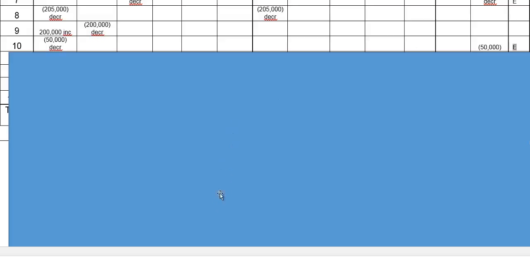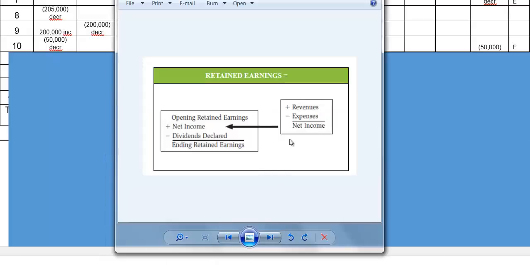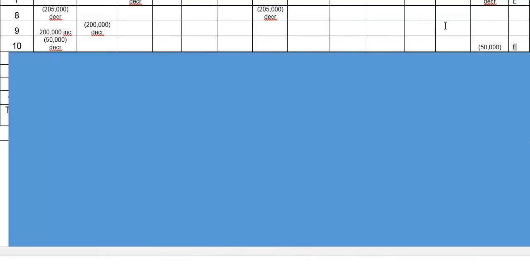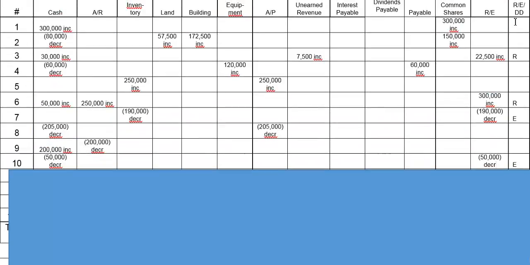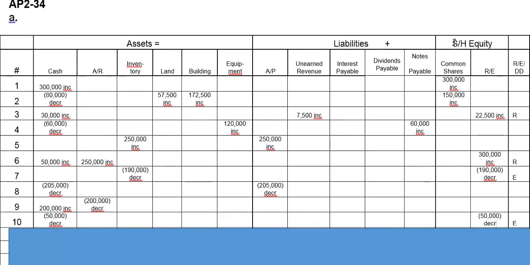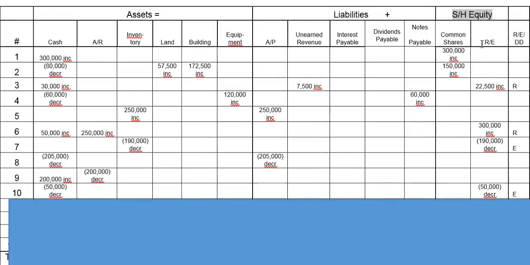When expenses go up, what did we say happens? When expenses get bigger, income gets smaller. When income gets smaller, retained earnings get smaller. So therefore, we have retained earnings decreasing. And when retained earnings decreases, we know that our shareholders' equity also decreases, right?